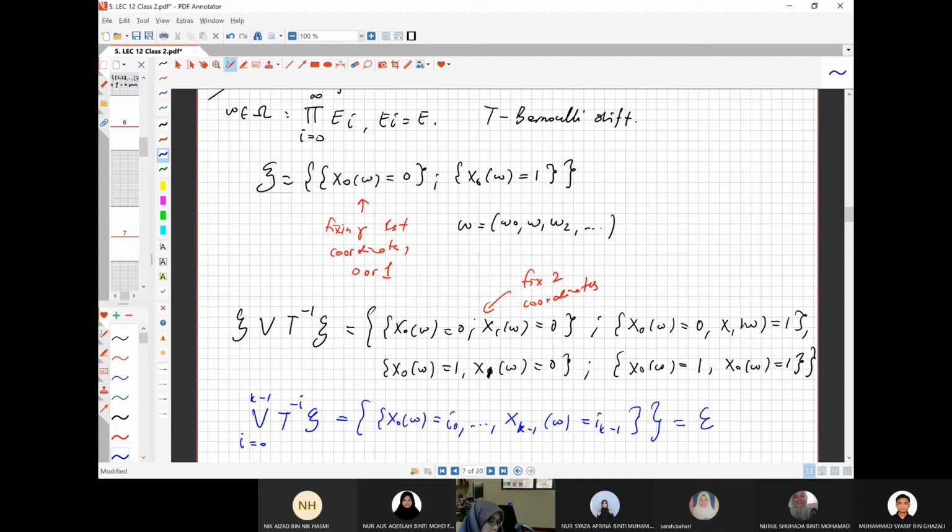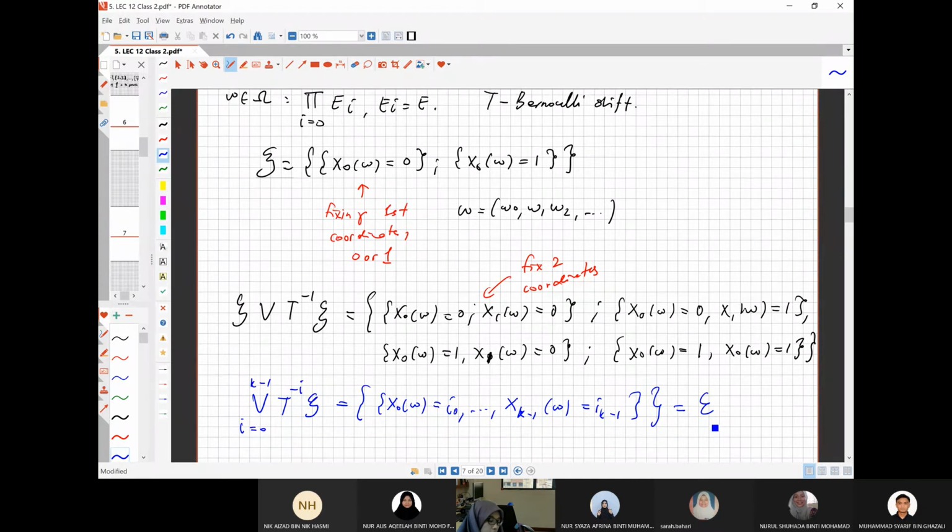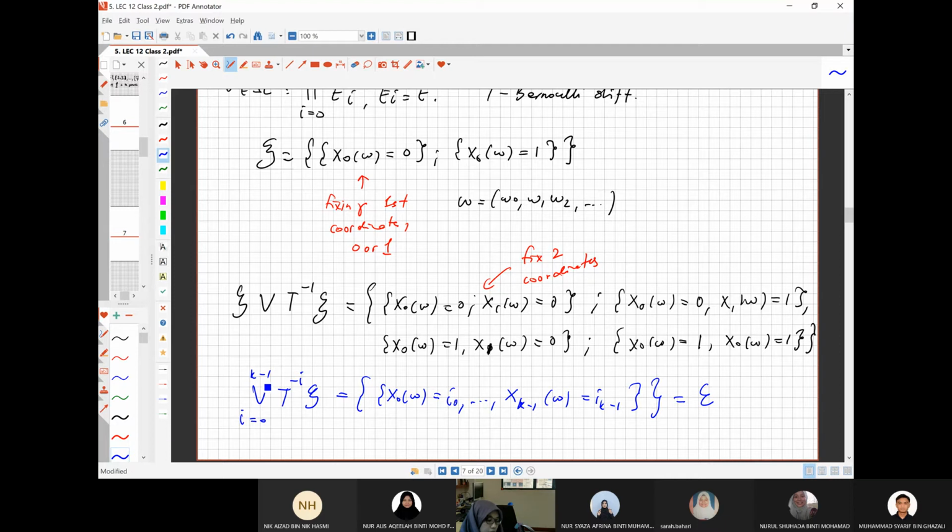You are fixing kth elements. So that means your coordinate ni maksudnya can be i0, can be 0 or 1. So you will have many elements in this joint partitions, and this would be equals to the largest. So if k goes to infinity, then this is true lah. Then I have v k minus 1 equals to 1.